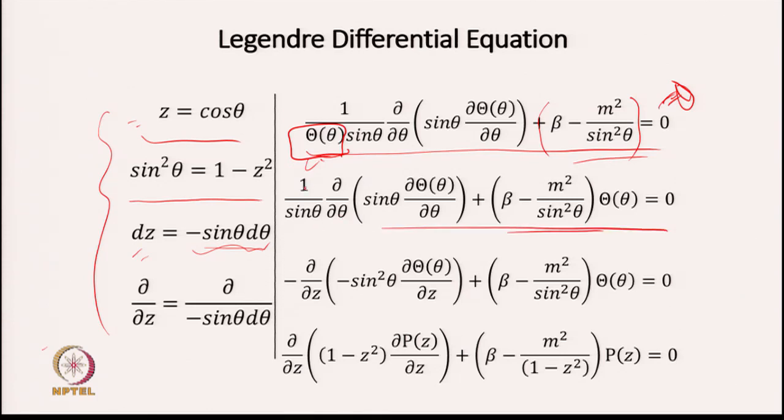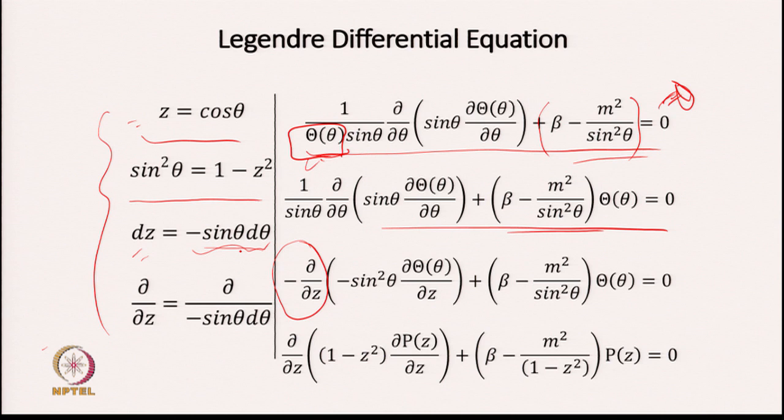So, 1 by sin theta del by del theta is equal to minus del by del z, and that is what we substituted here.